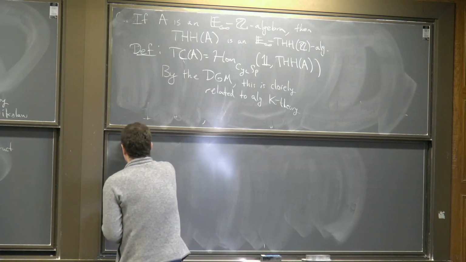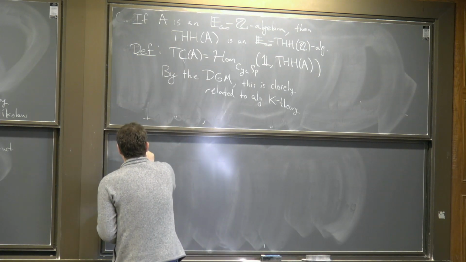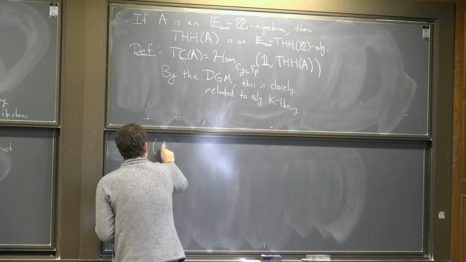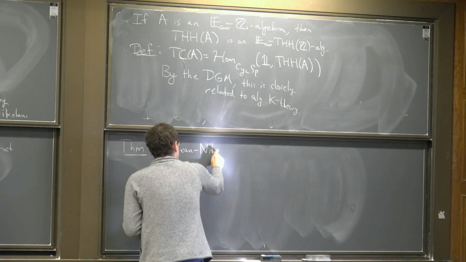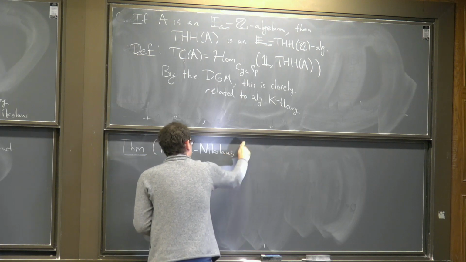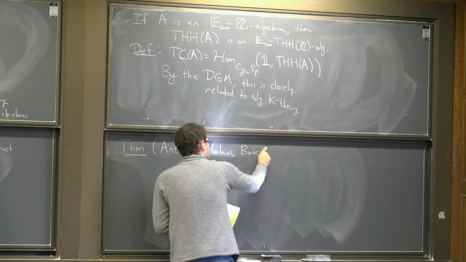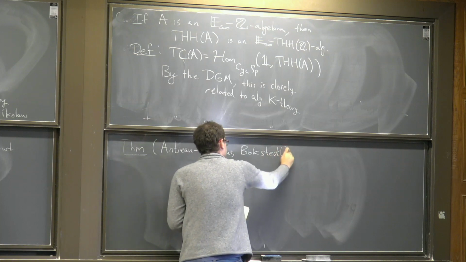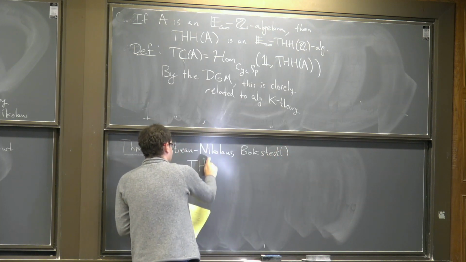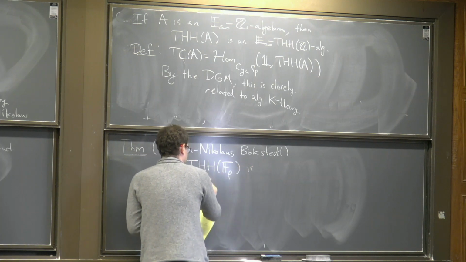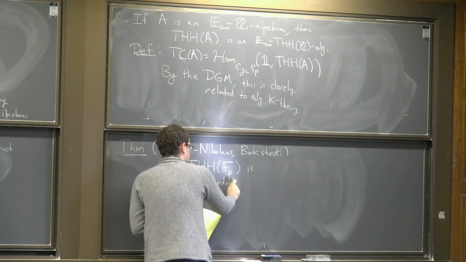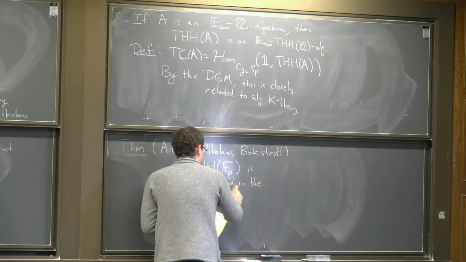So then there's a theorem of Antieau-Nikolaus, relying on work of Bökstedt, which is that THH of F_p is bounded above in the cyclotomic t-structure.